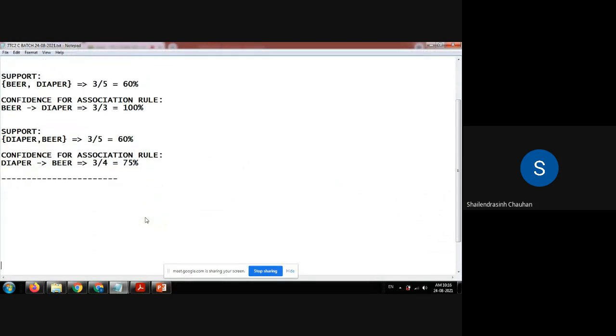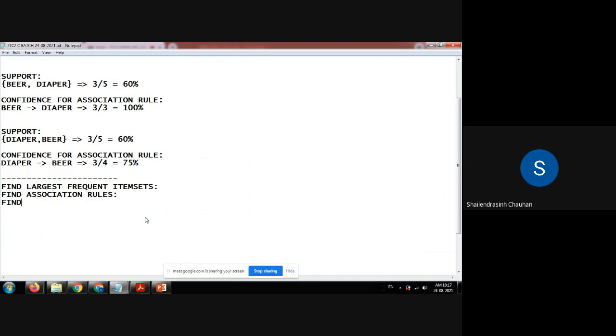If in the exam they ask you to find the largest frequent item sets, then you only need to apply the Apriori algorithm. If they ask you to find association rules, then you need to find all possible rules.